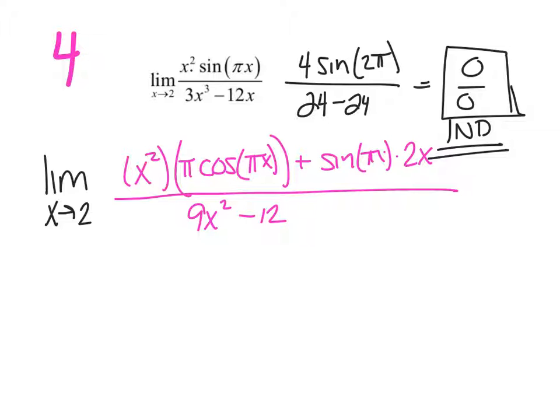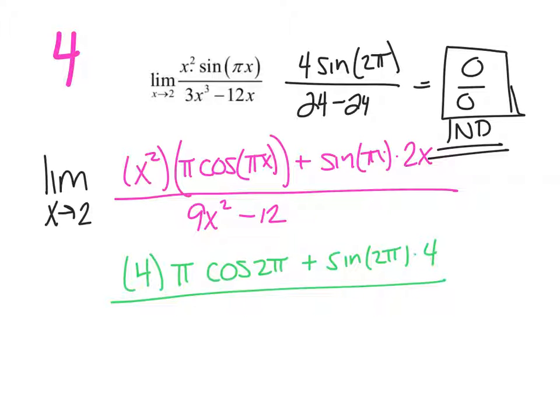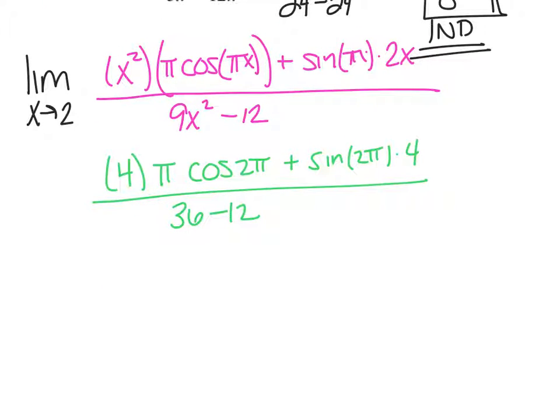All right, I'm going to carefully plug in 2. So that gets me 4 pi times the cosine of 2 pi plus the sine of 2 pi times 4, all over 36 minus 12. All right, now, I actually love seeing sine and cosine in here because things tend to cancel.